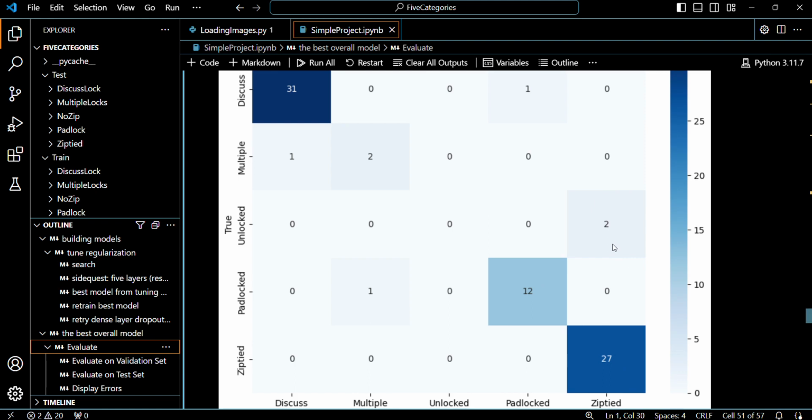And it's not surprising, because there were so many more zip tied units than unlocked units. It had a lot of experience with zip tied units and very little experience with unlocked units. And really, there's not that much reason for us to be concerning ourselves with identifying units that are unlocked.